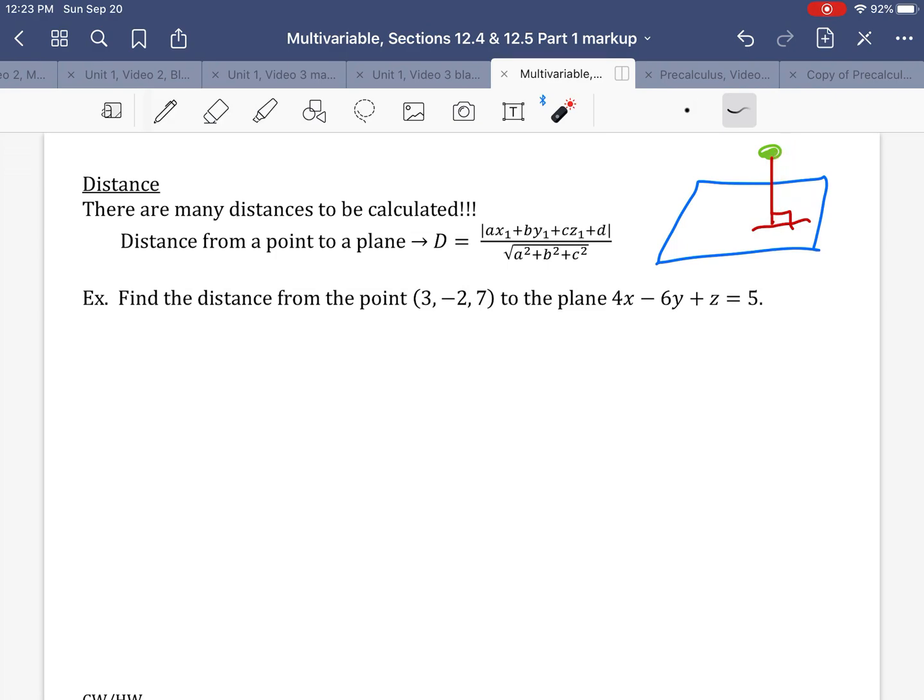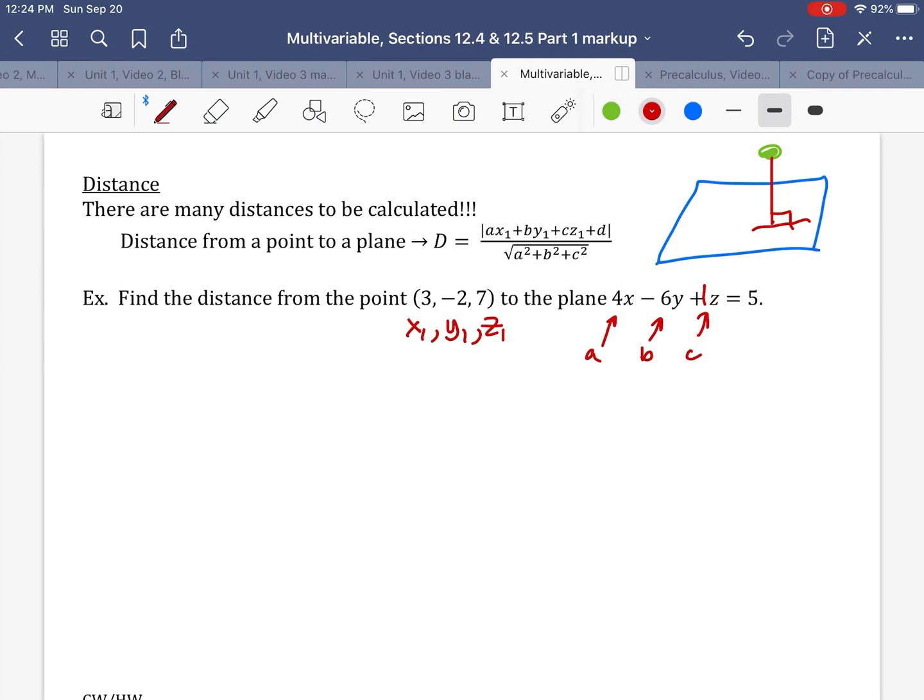Okay, so we have to just evaluate this formula here. I have a point and I have my plane. My point is going to be the x1, y1, and z1 in my formula. Here is my ABC. C is just 1 right there.